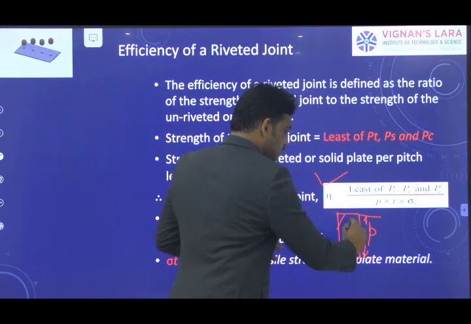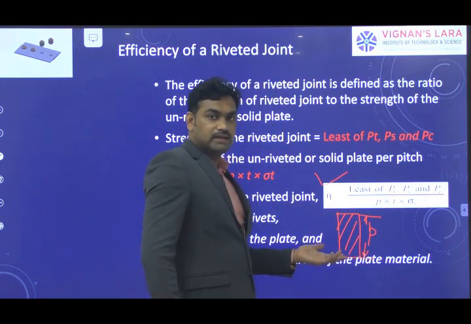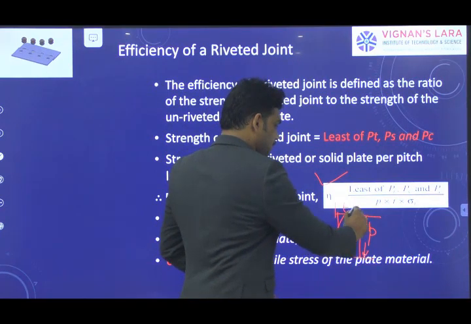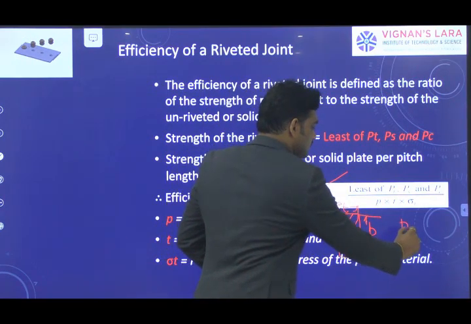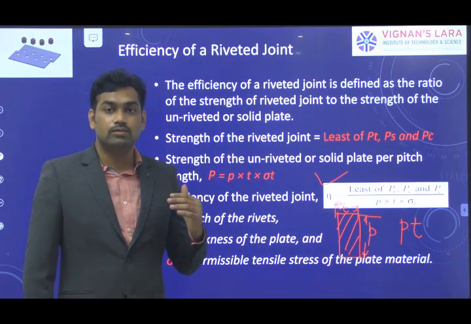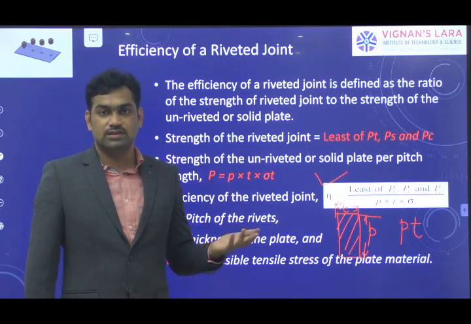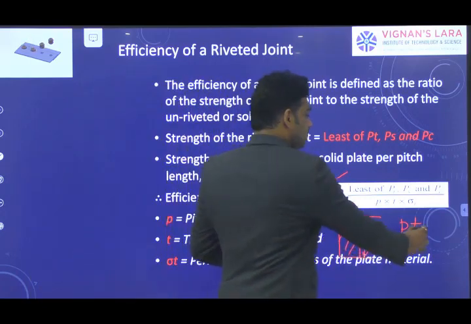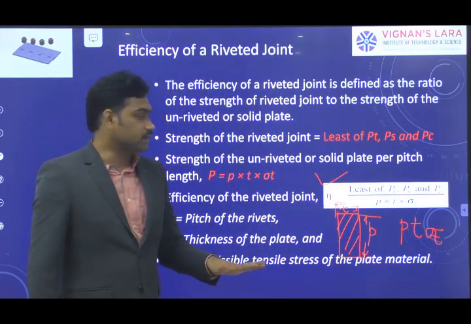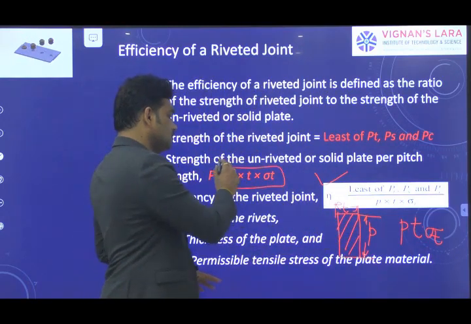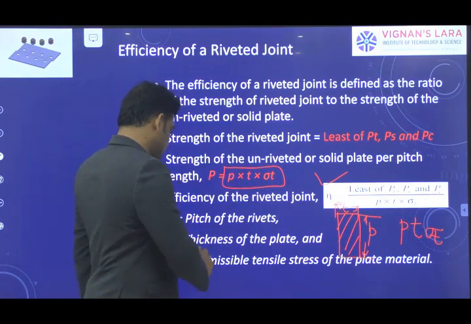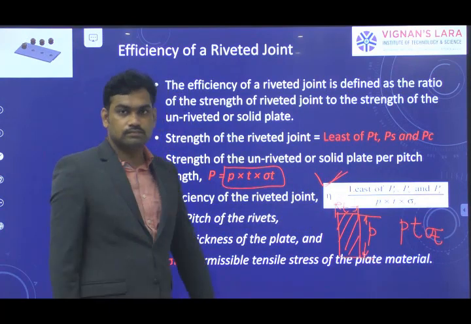Without drilling holes, the height of the plate is equal to the pitch, and the thickness of the plate is equal to T. So the tensile strength of the unriveted plate is given by the pitch into the thickness of the plate, multiplied by the tensile strength of the plate, that is P T into sigma T. You can substitute this here and we will get the efficiency of the joint.